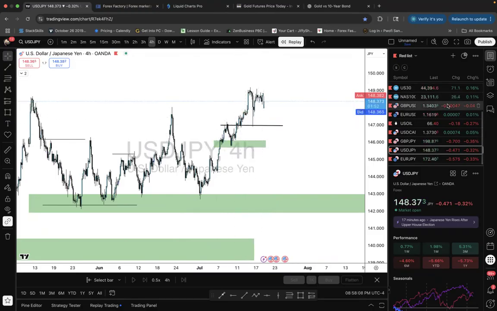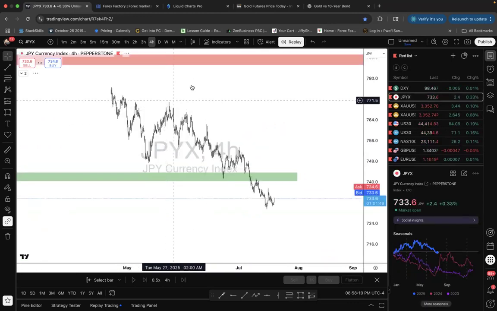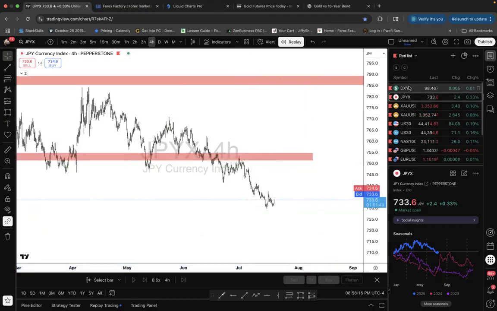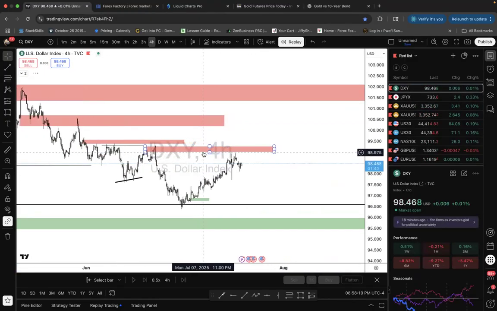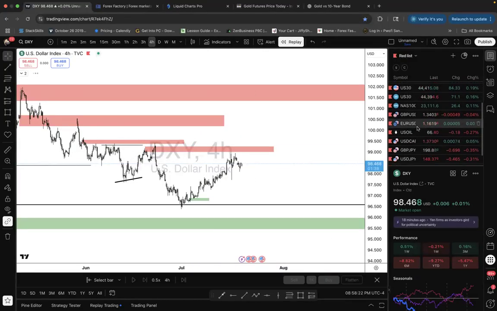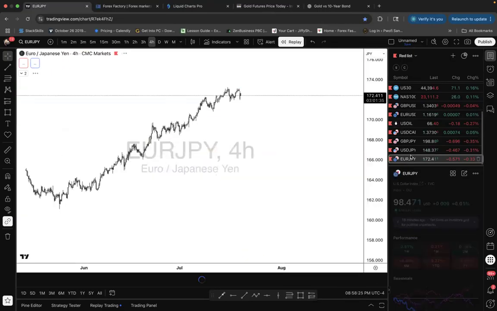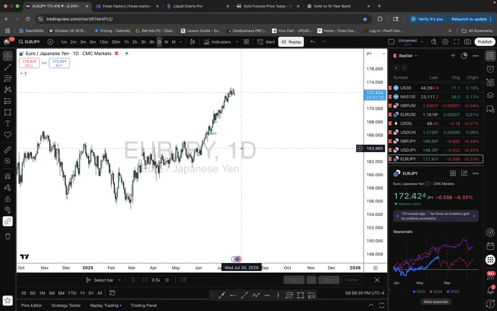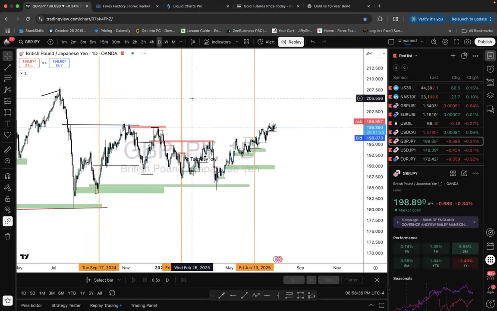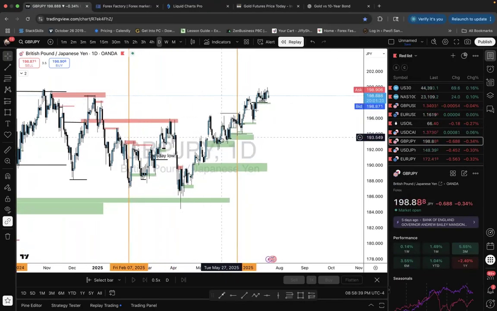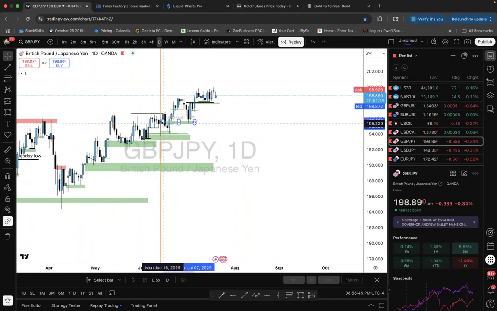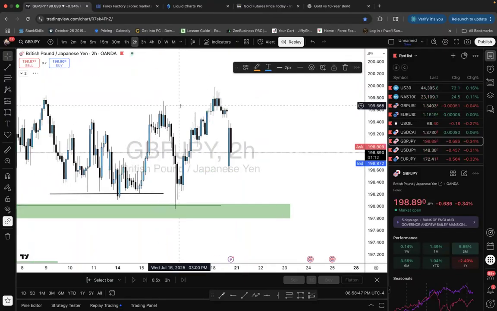UJ is buying because the Japanese yen is bearish, and the dollar is not so bullish. UJ and EJ just keep buying and buying and buying, all because the Japanese yen is bearish. With GJ, UJ, you just gotta catch your demands on retracements to really benefit and have a good time and have some enjoyment with it.